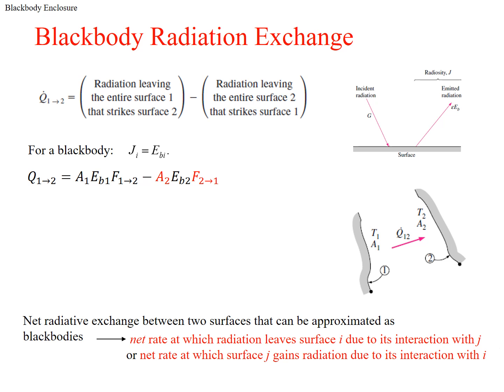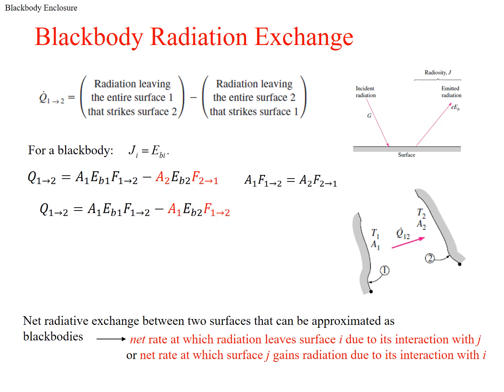If you remember from last time, this is a pure geometrical feature. It depends on the orientation of surfaces towards one another. Then you deduct from that radiation leaving the entire surface 2 that strikes surface 1. Again, that would be A2, EB2, multiplied by its view factor, which is F21.